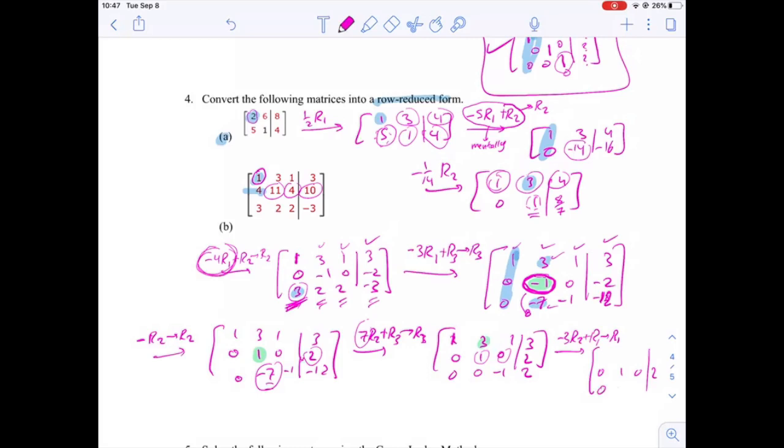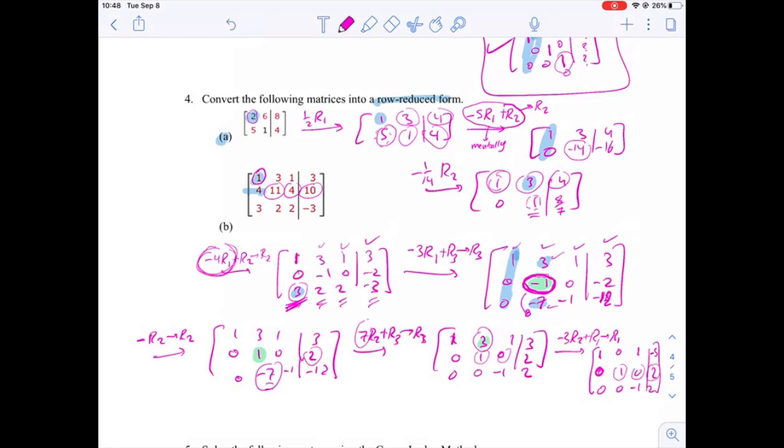The last row is 0, 0, -1 and 2. Now we multiply the second row by -3 and add it to the first one. We have 0 here, so that will not affect the first row. Now we multiply this by -3 and add it to the 3 in the first row. We get 0. Now we have 0 here, that will not affect. We multiply -2 by -3, that's -6 plus 1, -5.